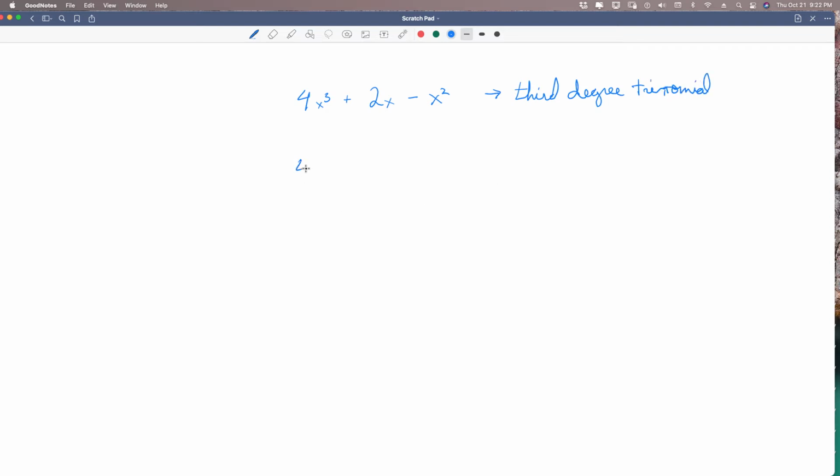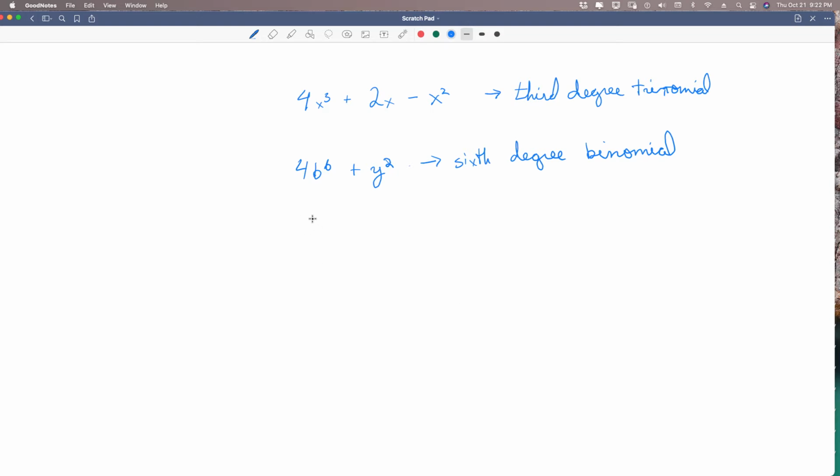If I had 4b to the 6th plus y squared, I would say this is a 6th degree, not 60, Tracy, 6th degree binomial because there's only 2 terms here.